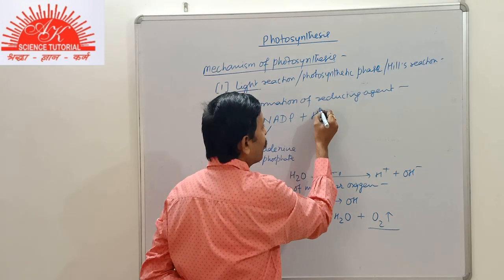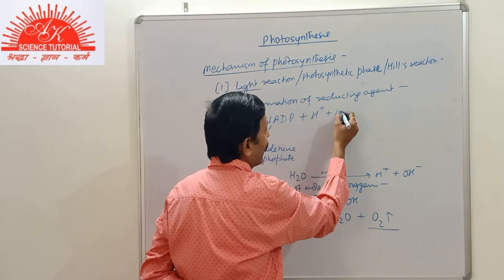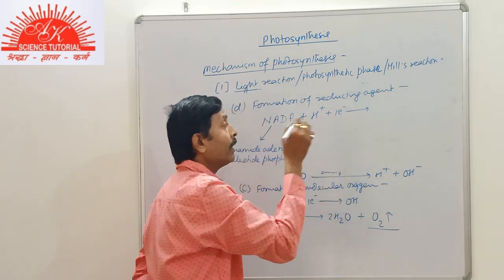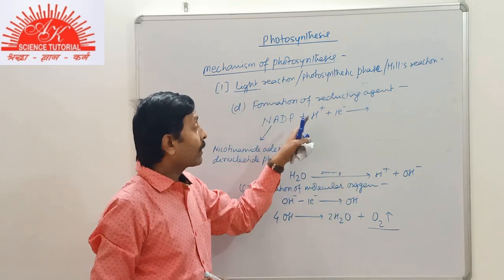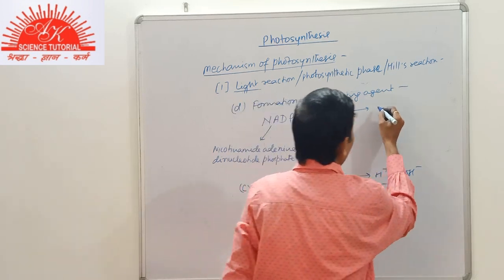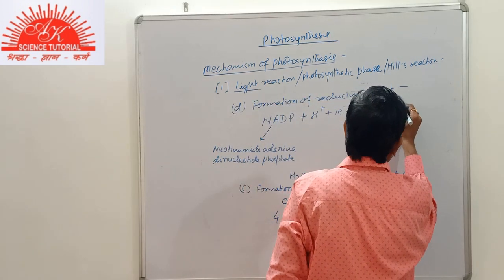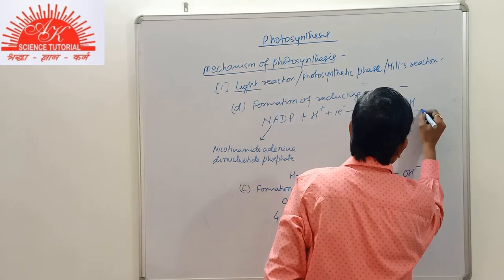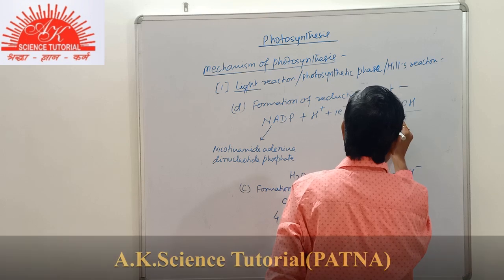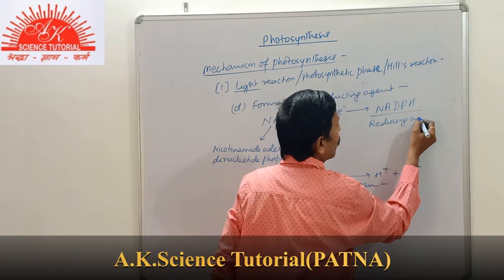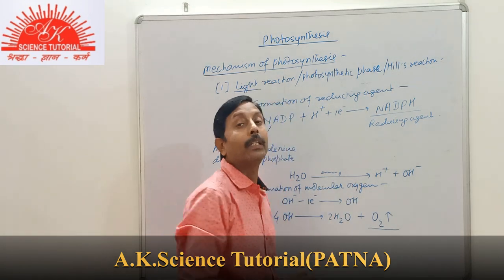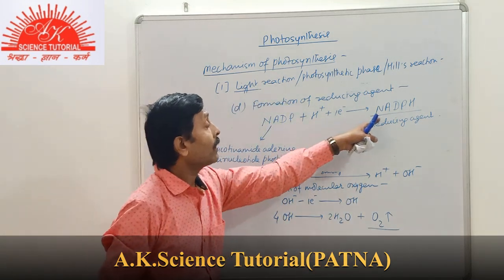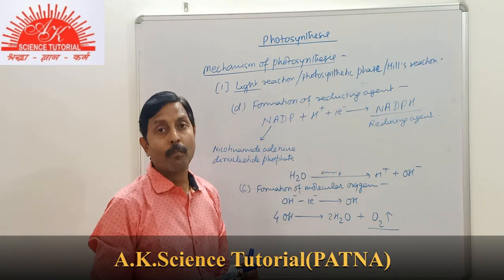Now it combines with H plus ion and electron received by electron transport chain and it forms NADPH. This is the reducing agent. So now this reducing agent is formed.